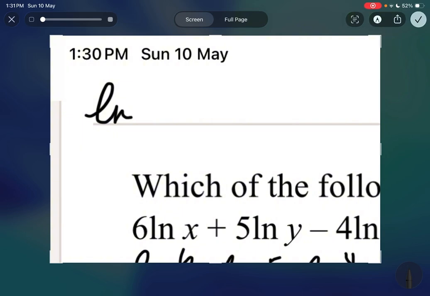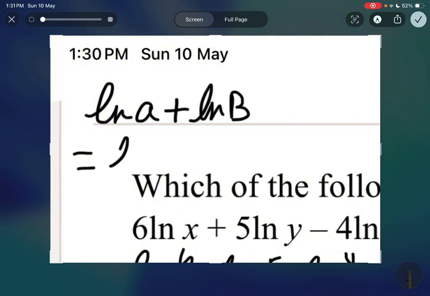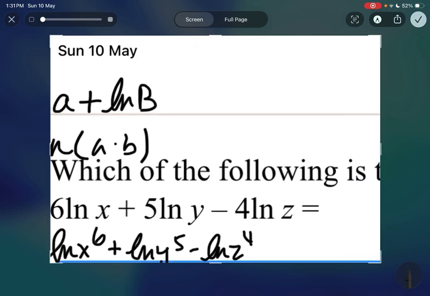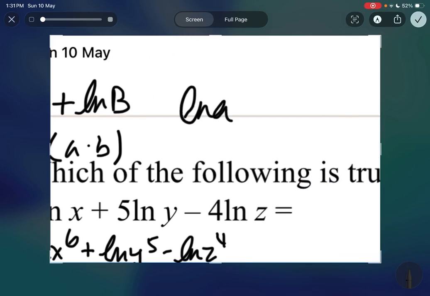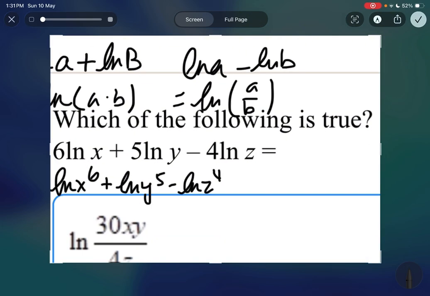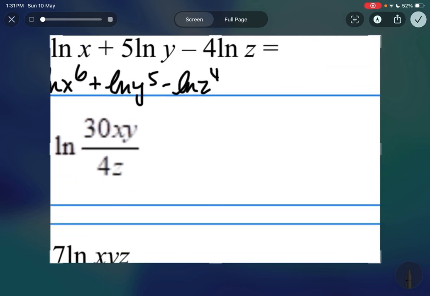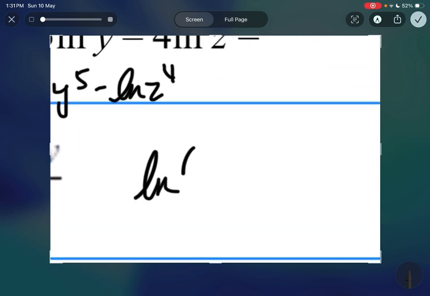So ln of a plus ln of b is equal to ln of a times b, okay? And if it was ln of a minus ln of b, it will be equal to ln of a over b, okay?